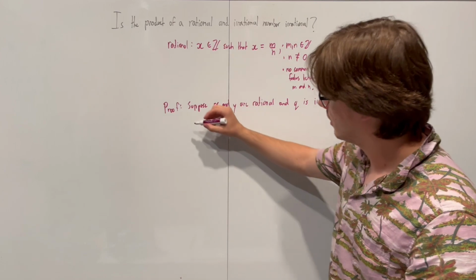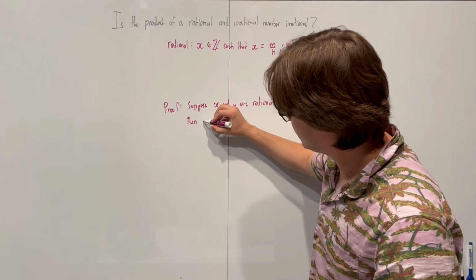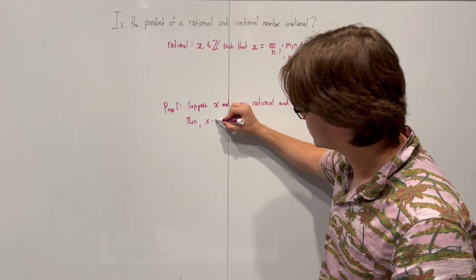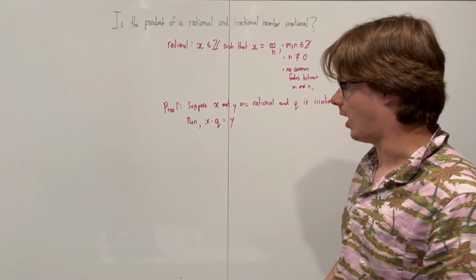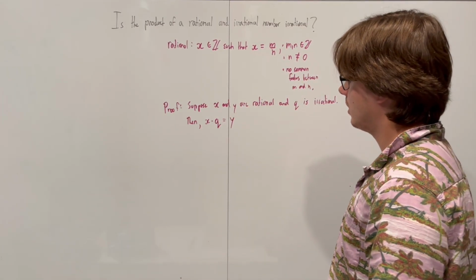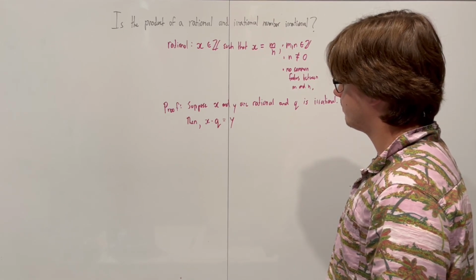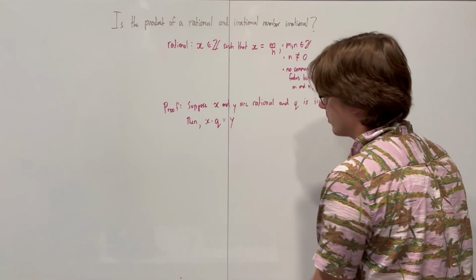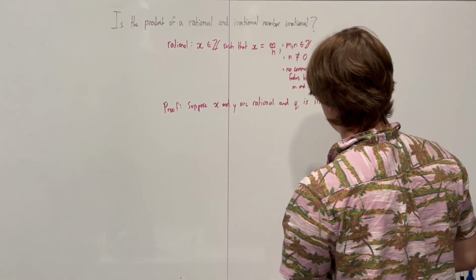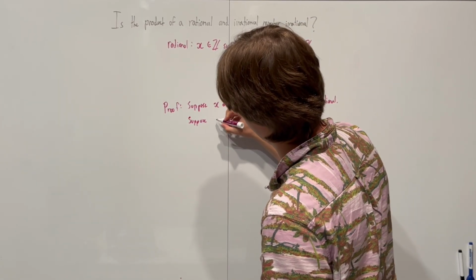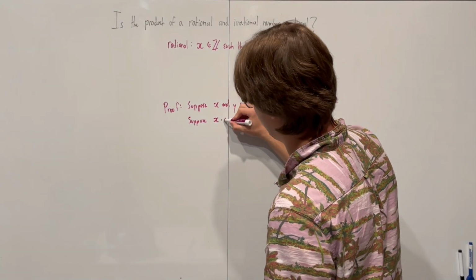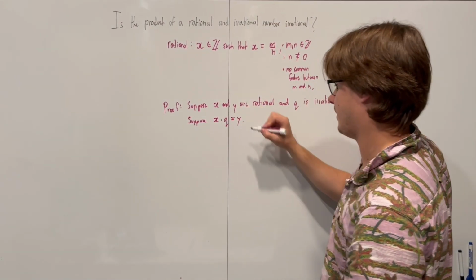Okay. Then we can say x times q is equal to y. Or I guess we have to add another statement. We suppose x multiplied by q is y.